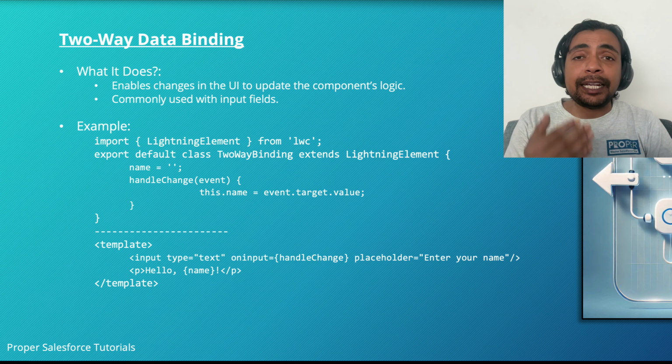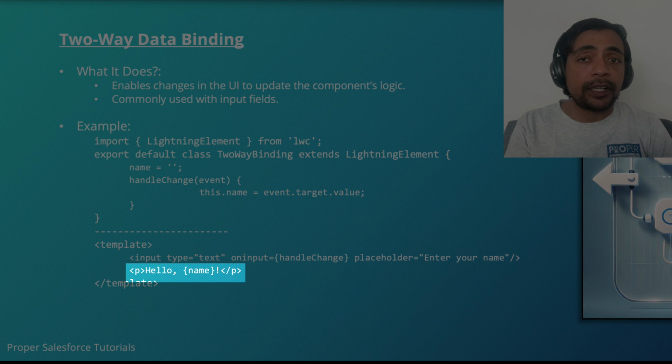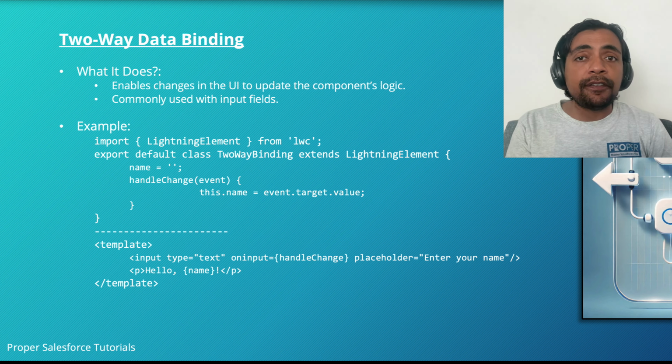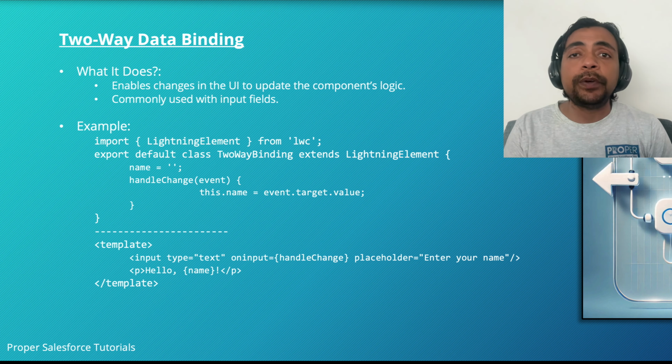At the same time, we are also showing the same variable on the user interface. So the change made on the user interface will update the variable, and the change in the variable will update the user interface. That's why this kind of data binding is known as two-way data binding.